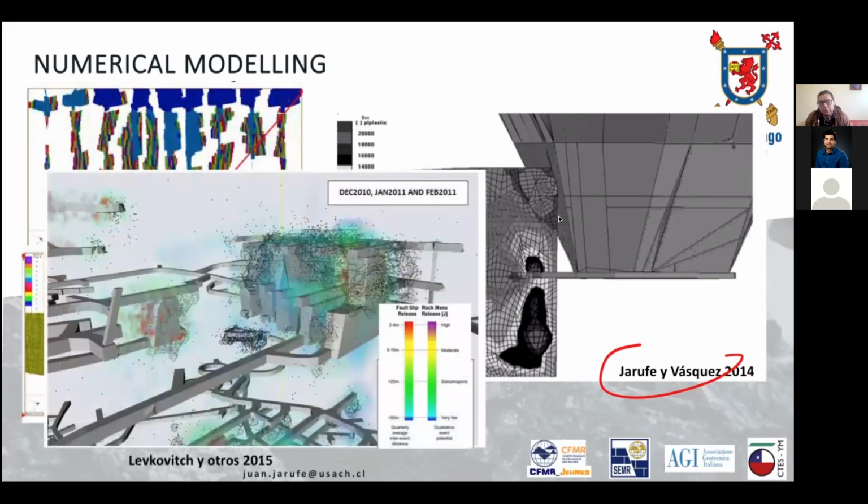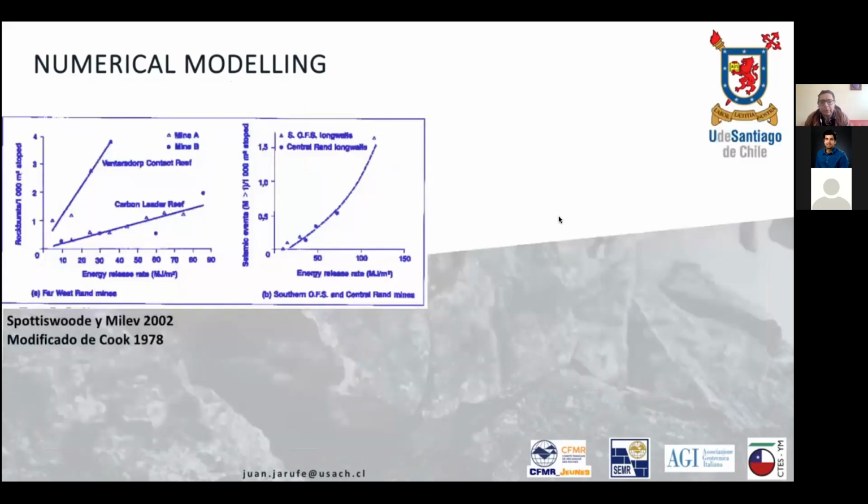Lilkovich and others, in 2015, did an Abaqus model for a nickel rim mine in Canada, and they tried to represent seismicity around the stopes that is caused by the stress distribution, but they also did a model that could allow calculation of slip on faults. So those are some results based on ERR, energy release rate.